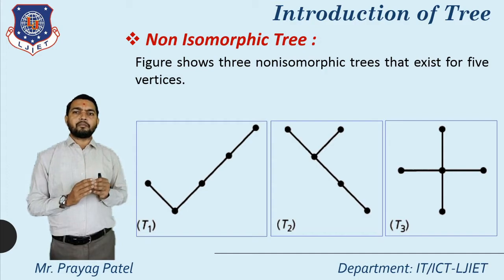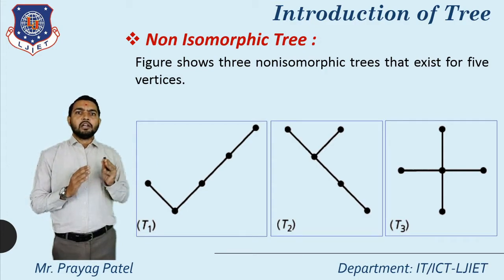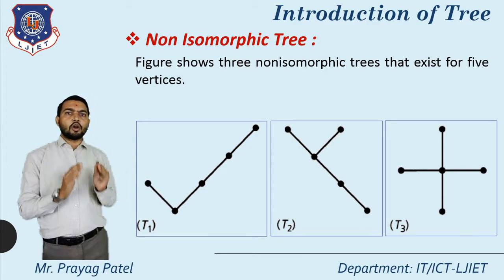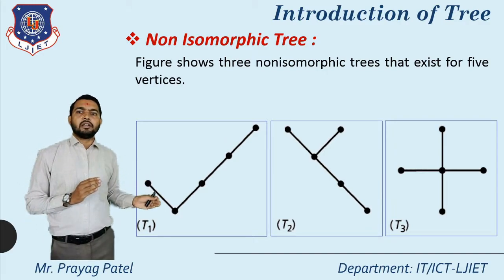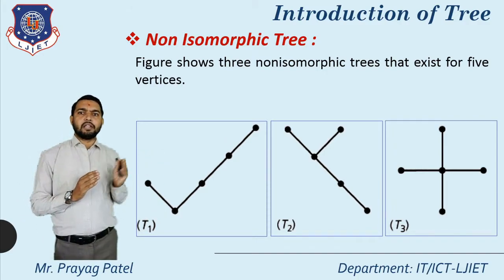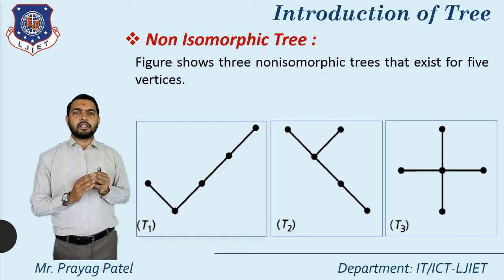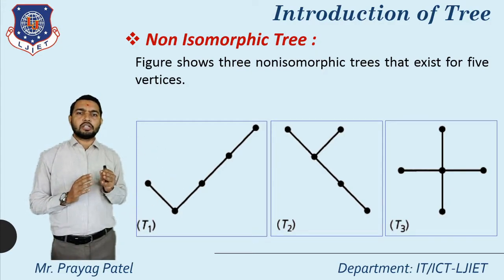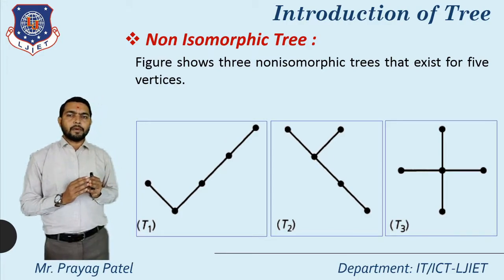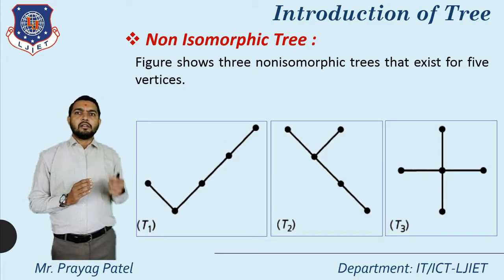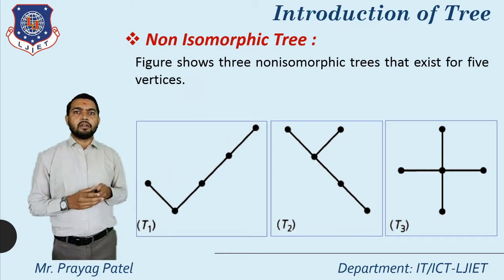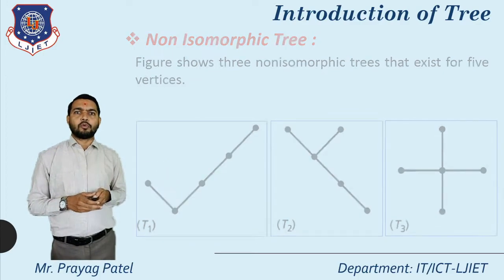These three trees are non-isomorphic, because T1 is one tree, T2 is another tree, and T3 is also another tree. So these three trees are not isomorphic; no isomorphism rule is satisfied.